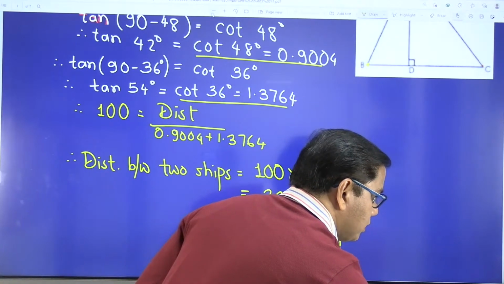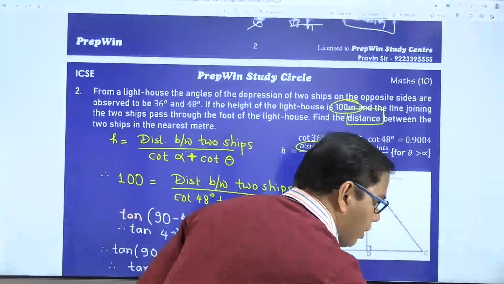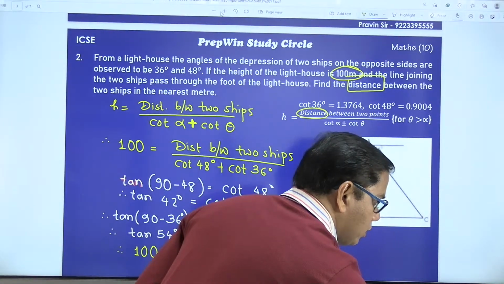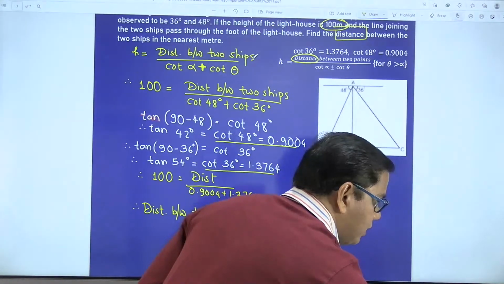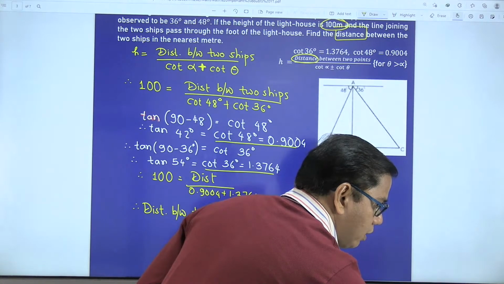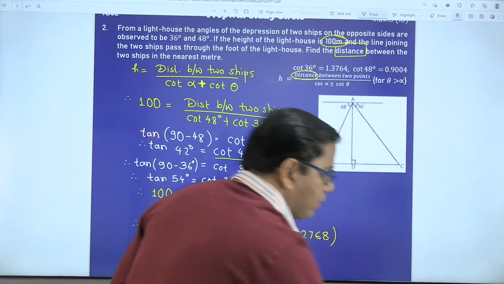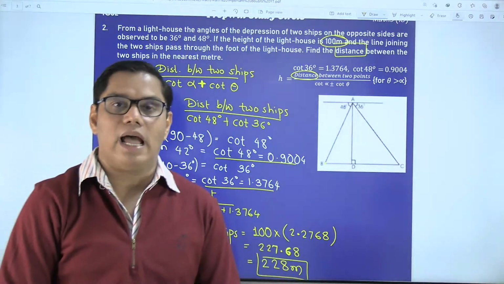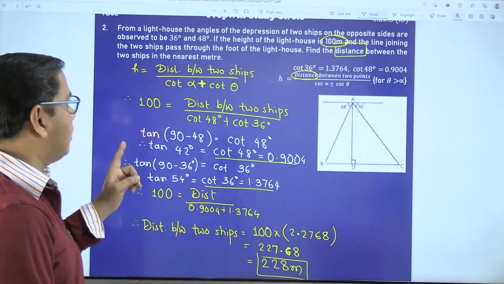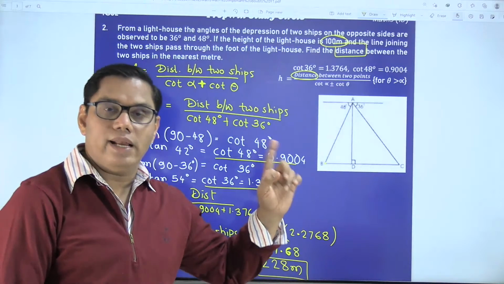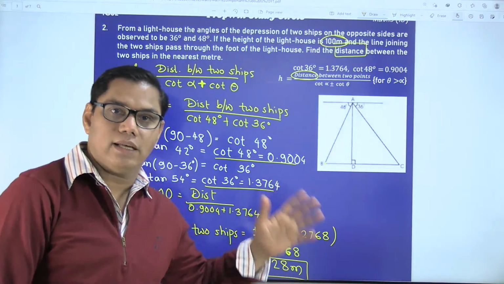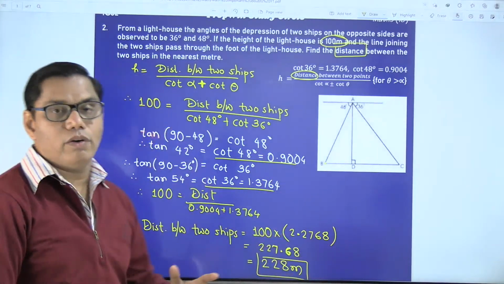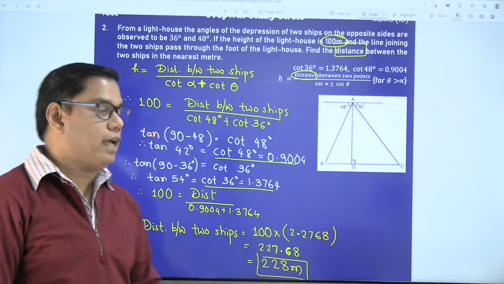Have you understood this? Please post your comment in the comment box if you have understood this. If you find this difficult, skip the step. You can solve by the traditional method. This step is to save some time in the examination, and there is a high chance that this kind of question can be asked in the examination.